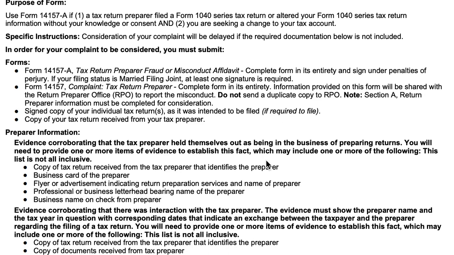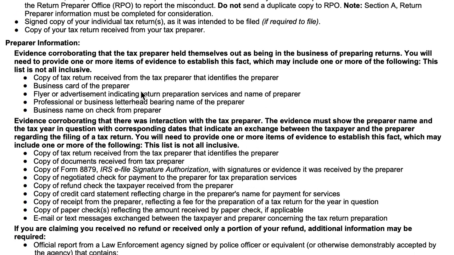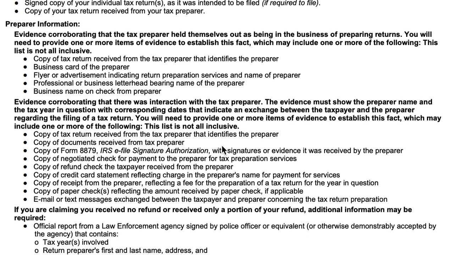The Internal Revenue Service would like to look at this marketing material, if applicable, or any other material to see how else they might be violating the tax code. And then any evidence that might have corroborated interaction with the tax preparer, such as copies of documents received from the tax preparer, your IRS Form 8879, which is the e-file signature authorization, checks, refunds, email trails, any of that information.